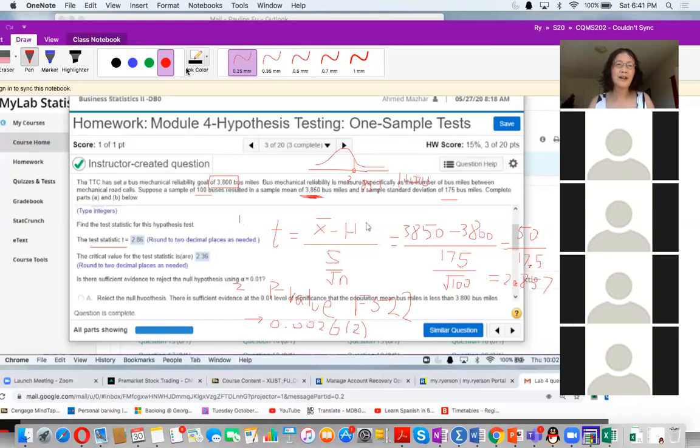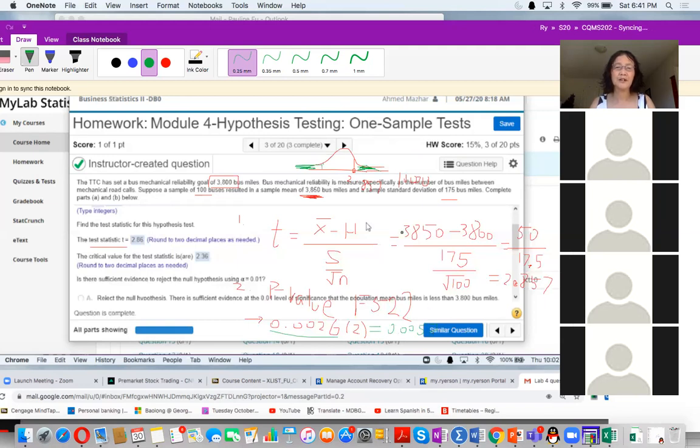The number you get from calculator is this area. Because this is a two-tailed test, you also have another area. So you have to multiply the result from calculator by 2. You get the final result for p-value, 0.0052.